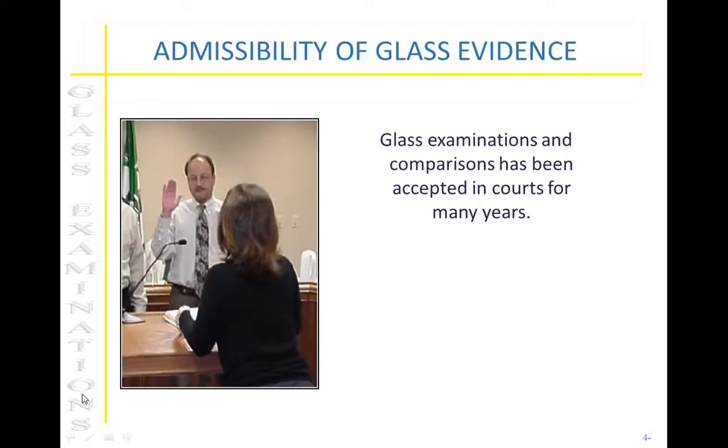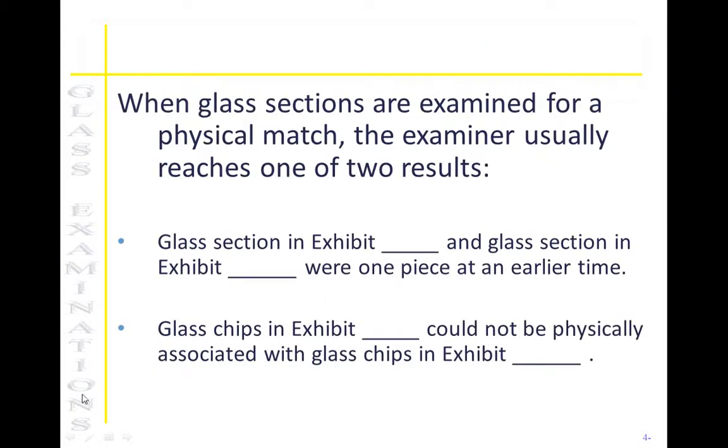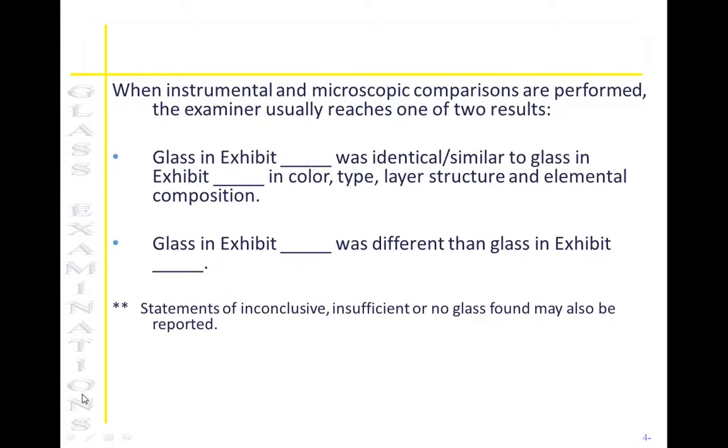Glass evidence has been used in courts for many years. Usually the reports from a physical match that a glass examiner may perform, they're either going to be able to say that the glass was one piece at an earlier time, or that it could not be physically associated with another exhibit. In most instances, there's going to be instrumental and microscopic comparisons done on the glass particles.